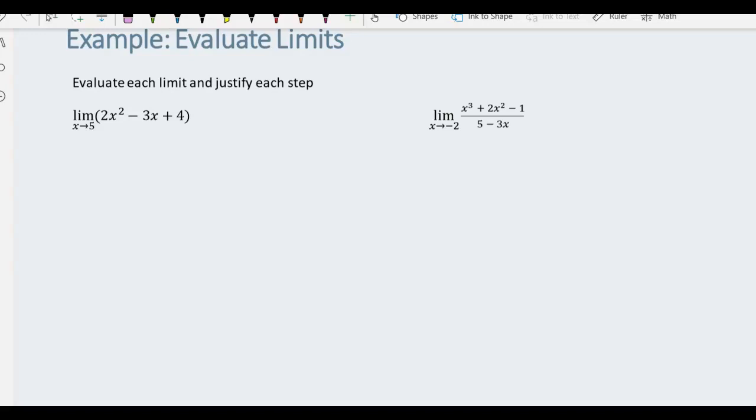So the first thing I'll do is I'll write the limit as x approaches 5 of 2x squared, and the limit as x approaches 5 of 3x, and the limit as x approaches 5 of 4. Again, we're using just the sum and difference rules. That allows us to split this up into separate limits. The constant multiple rule lets us take any constants that are multiplied in the front and bring them out to the front.